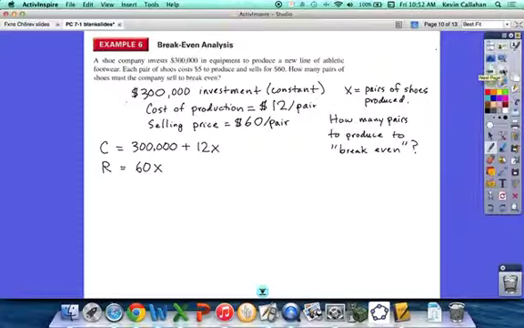So here's a couple more kind of word problem-y things. A shoe company invests $300,000 in equipment to produce a new line of athletic footwear, right?